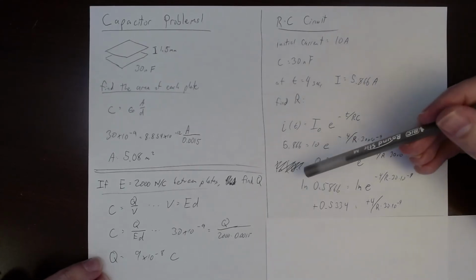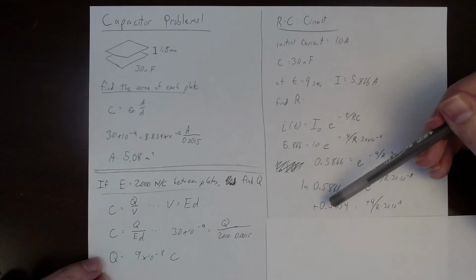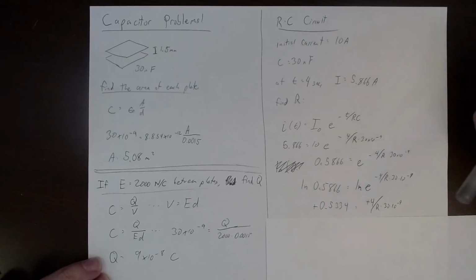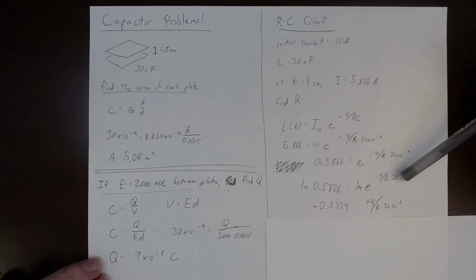The natural log of 0.5866 is negative 0.5334. The natural log of e to the negative 4 over r times 30 times 10 to the minus 9, well, you just lose the natural log and the e, and you just make that normal.